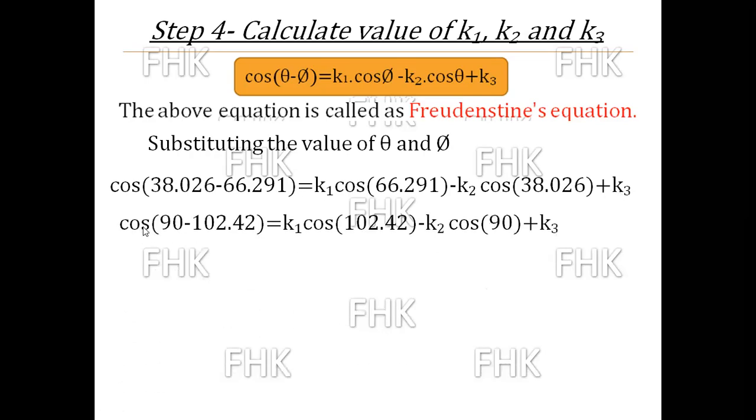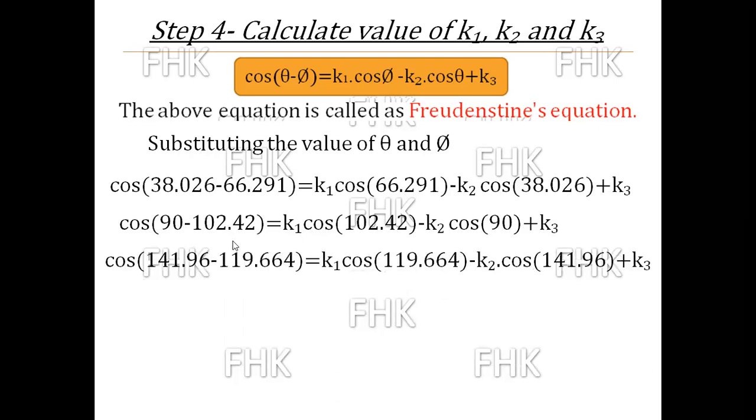The second equation is cos of theta 2 minus phi 2 equals K1 cos phi 2 minus K2 cos theta 2 plus K3. And the third equation: as there are three precision points, we get three equations; with four precision points you would get four equations.